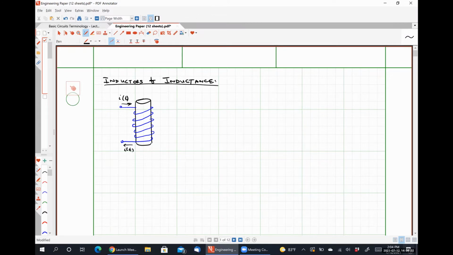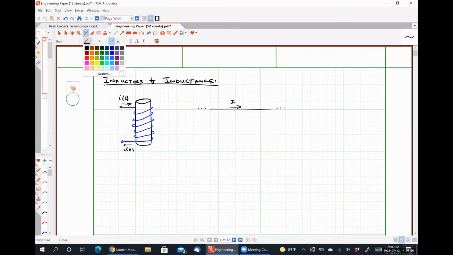If any of you guys have had physics 202 by this point, you may be aware that if we have a wire or a section of a wire carrying a steady current I, then there will be a generated magnetic field due to this movement of charge carriers.